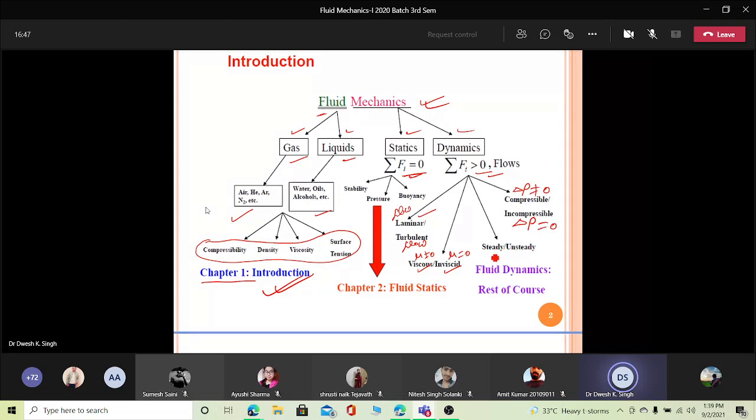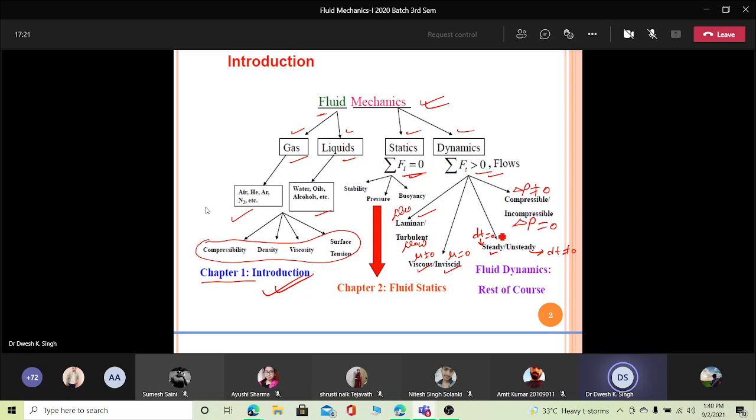Steady means your properties or your flow are constant with respect to time, so the time dependence is zero in the case of steady. But if the flow parameters like velocity and properties vary, it is unsteady. It depends on time, and with time your flow behavior changes.